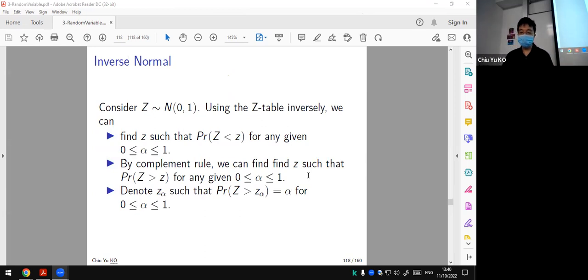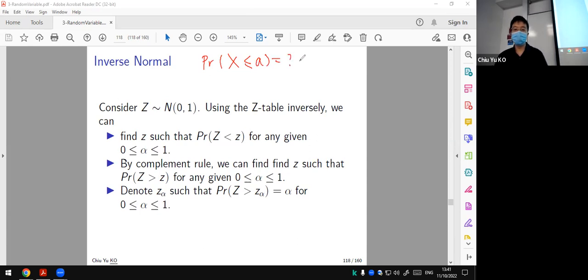Now the next thing is, we often use normal. One thing we would ask is to reverse what we're asking. Before, we just said the probability that X is less than A: I give you A, and you calculate the number.